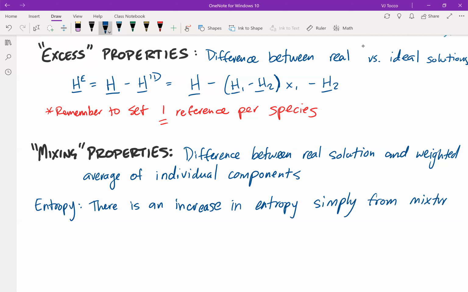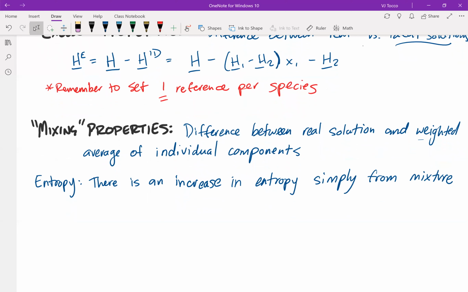In other words, if you are comparing the ideal solution versus the weighted average of individual components, that property is in general different. So it is different by the following equation, and I won't show you the derivation of this because I think it's a little bit beyond the scope of this class.